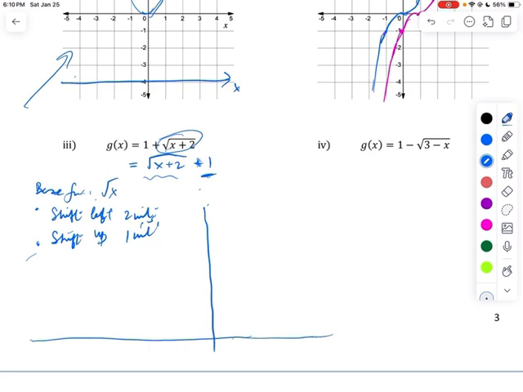Then I'm going to put the tick marks and the numbers. The tick marks to the left are bigger, so make them a little smaller.